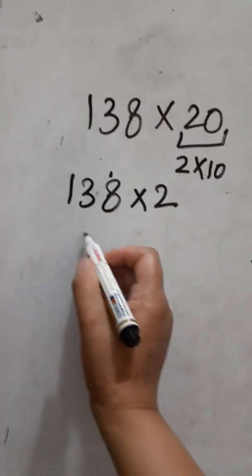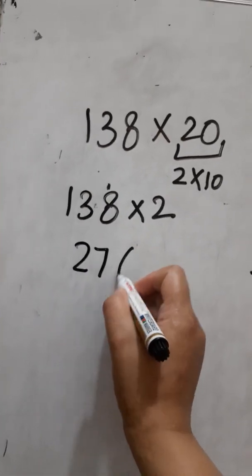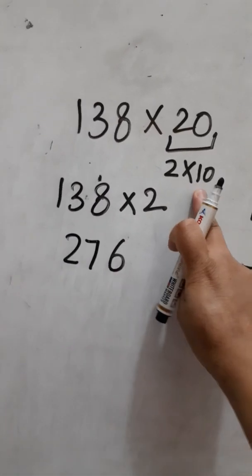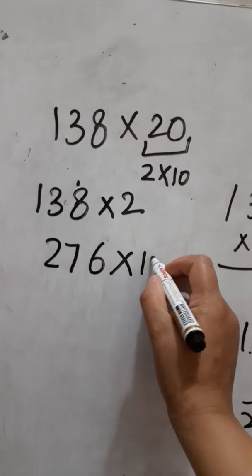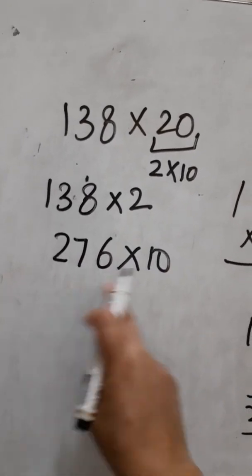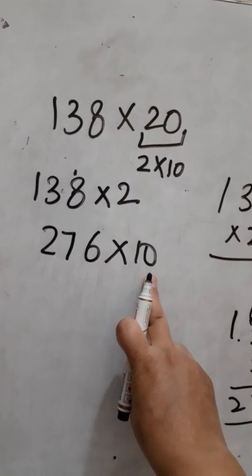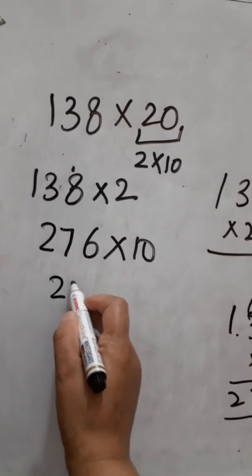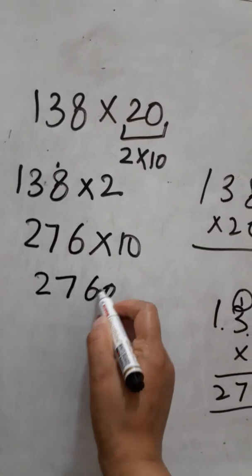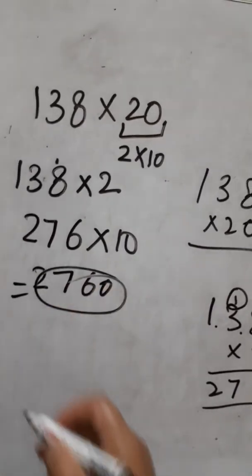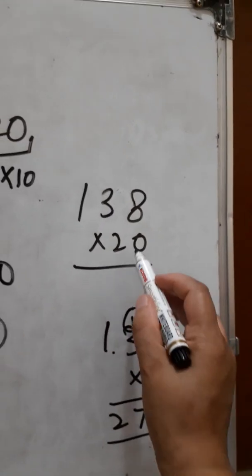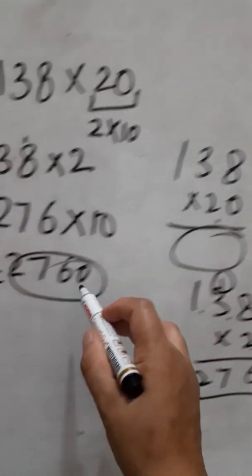After multiplying, you will get 276. Then only 10 is left. If we multiply this number by 10, how many zeros are there? 1 zero. So 2760. You will get this answer, and when you multiply like this, you will get the same answer as the other one.